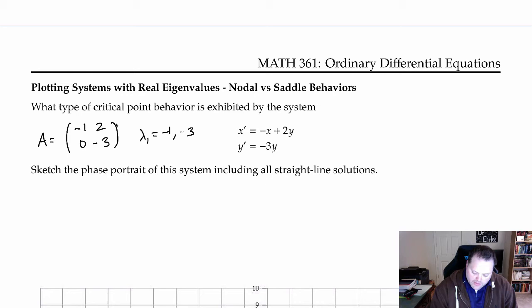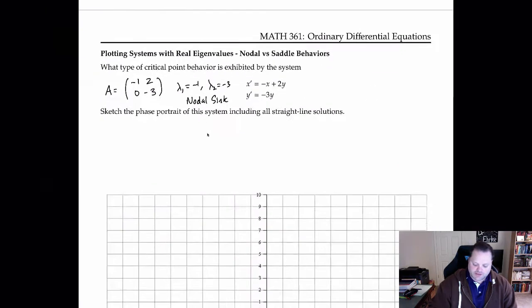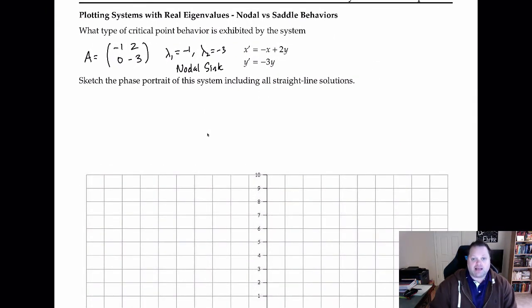I'll call this lambda 2. Since both of the eigenvalues are negative, we have a nodal sink behavior. Now the question is, how do we plot the behavior for the system?